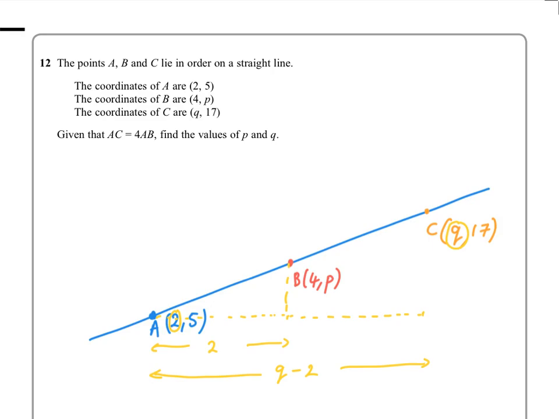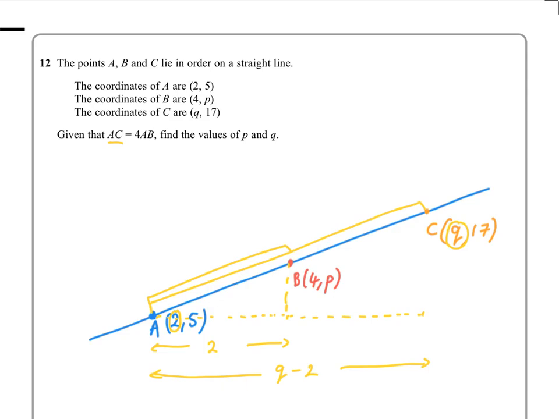So because they're on the same line, then if we know that AC, so going from A to C, is 4 times longer than going from A to B, obviously my diagram's not to scale, the x and the y must be in proportion to that rule as well. Okay, so both x and y have to be in proportion, because if they weren't, then B or C would not lie on the same line as A. Okay, but that's the important thing, they do.